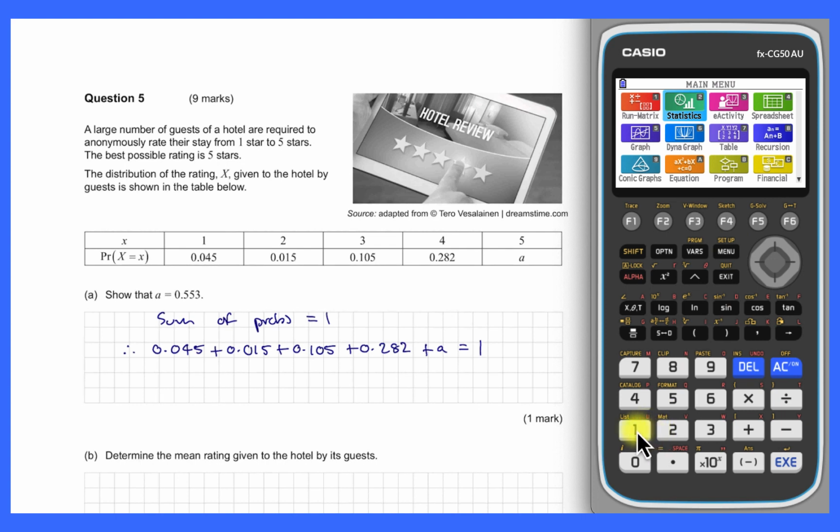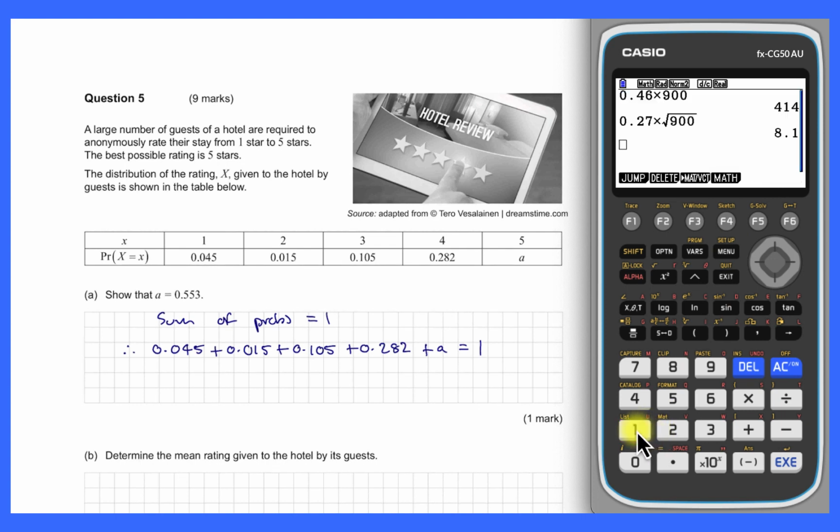So back to run matrix, and let's start with the summing. So there's my sum of the current probabilities that are given, and so a will be 1 minus that.